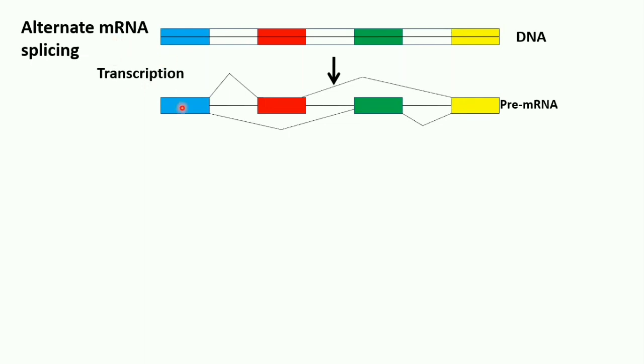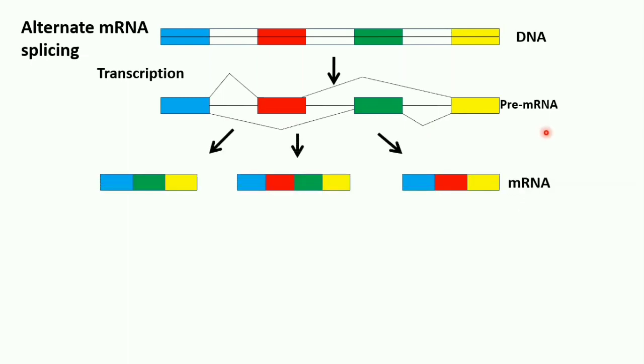As I showed you previously, here there is another way, that is different exons are combined together. I'll just show you. Can you see? It has taken blue, green and yellow exons, and here it has taken blue, red, green and yellow, and here it has taken the other different three.